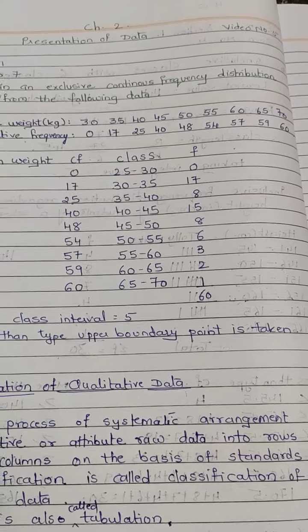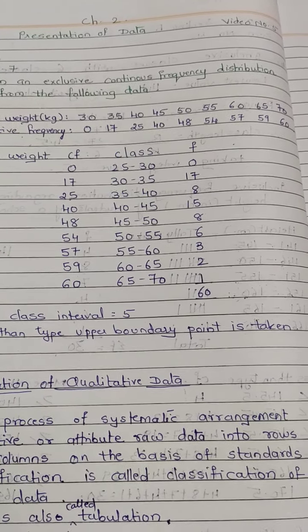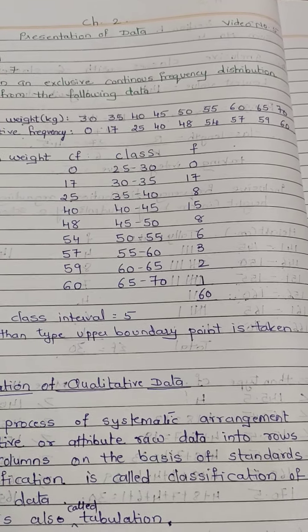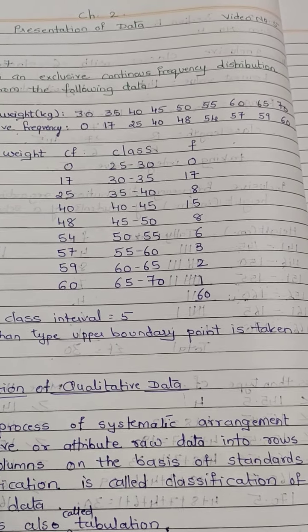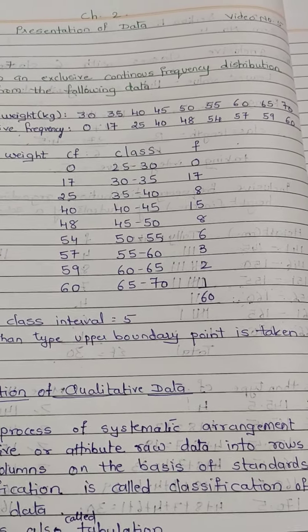CF means sum total of frequency. So from that, when original frequency is to be obtained, we go on subtracting the frequency.